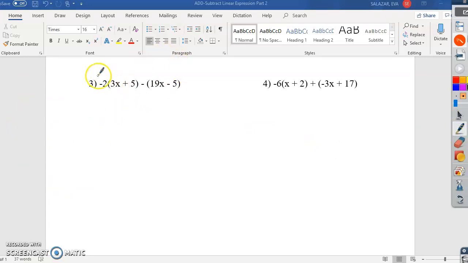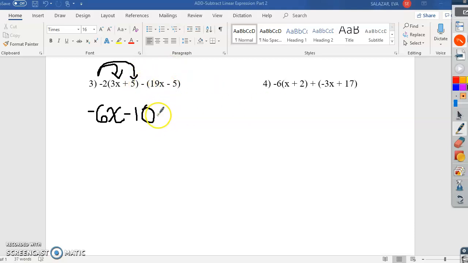So number 3, negative 2 times 3x, negative 6x. Negative 2 times a positive, so a negative times a positive is a negative, so that's negative 10. And then notice my second expression is about to change because I have a minus.